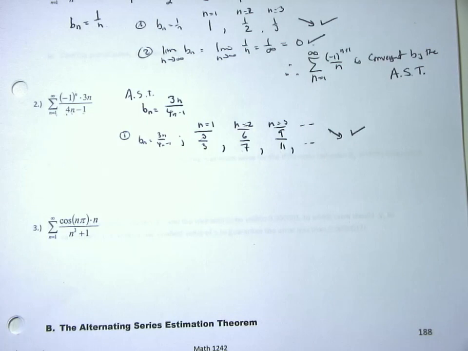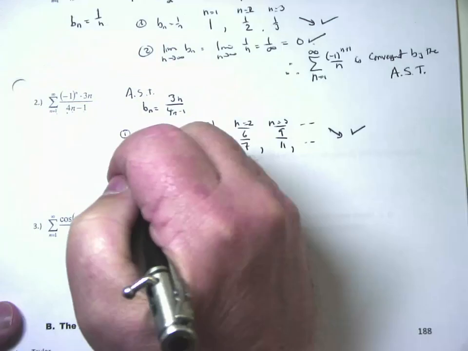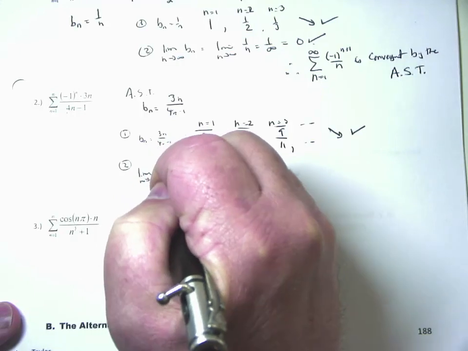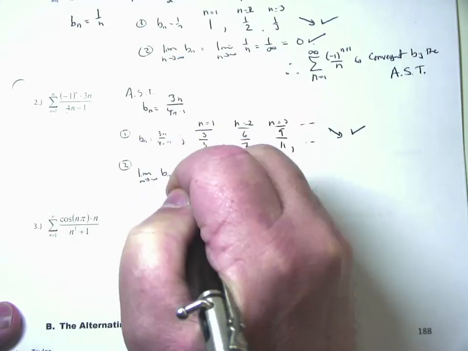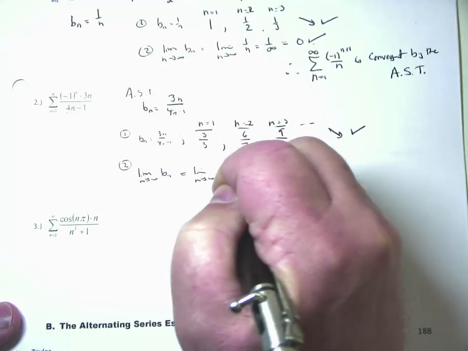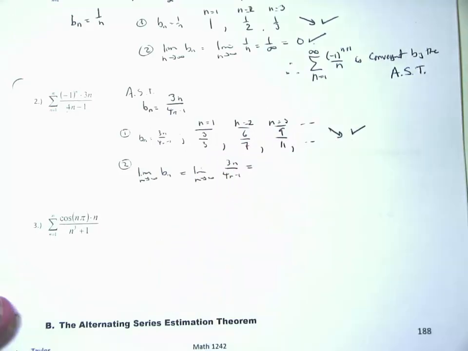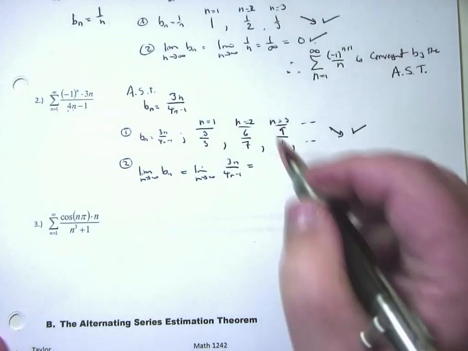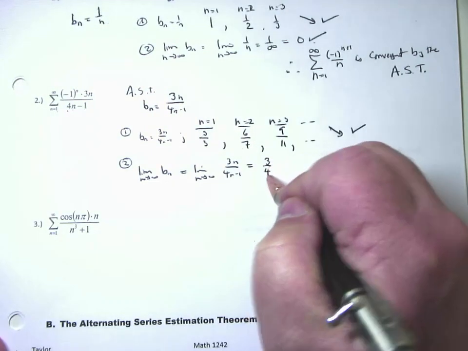But then there's the second part. You take the limit as n approaches infinity of bn, which equals the limit as n approaches infinity of 3n over 4n minus 1. You should be able to look at this from calculus 1 and tell me the answer. What is it? 3/4. The degree of the top is 1, the degree of the bottom is 1, so the answer is the ratio of the leading coefficients, 3/4.